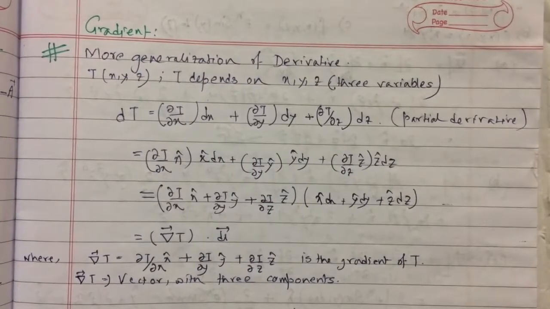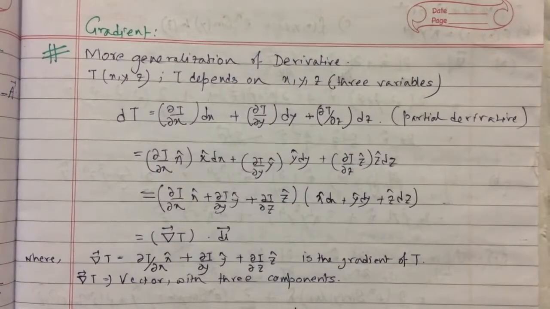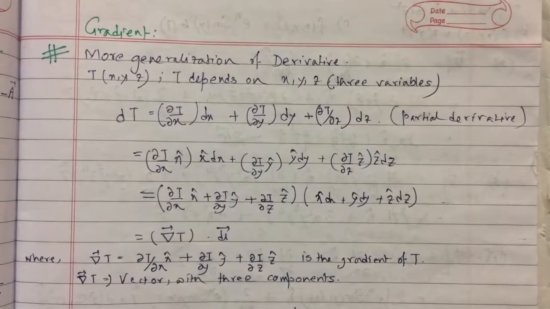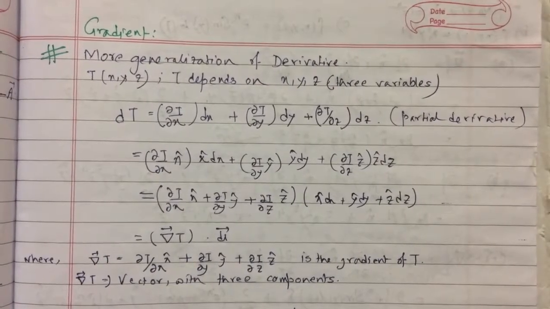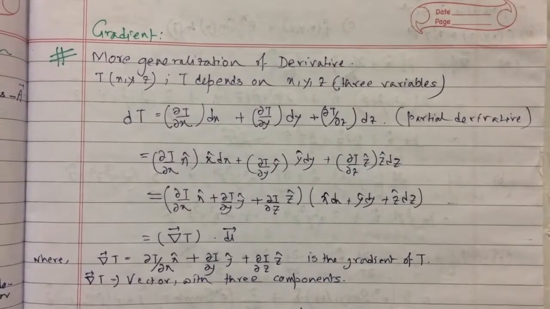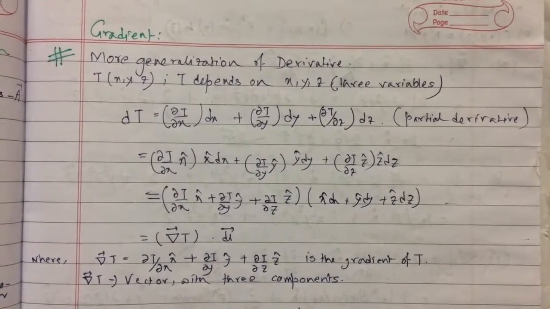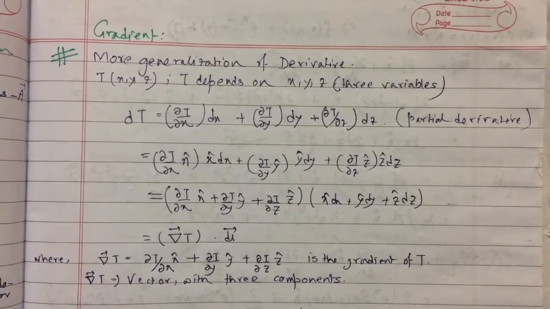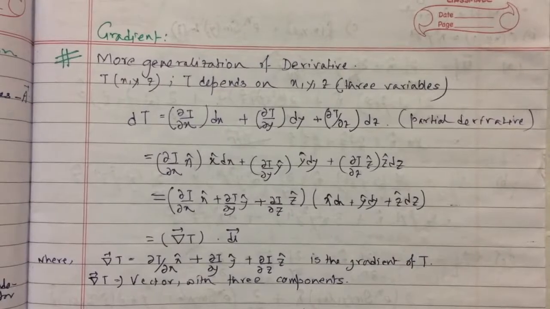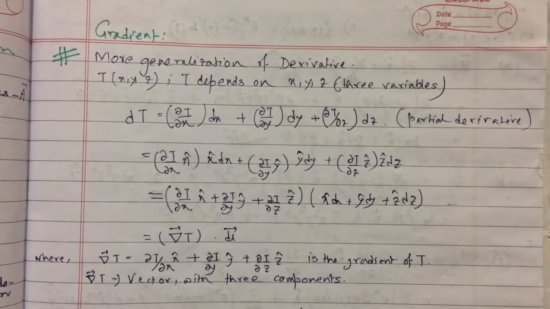So for the entire room, change in x, y and z will give us an infinite number of values of the temperature. So if we set up a system of axes, then for each point xyz in the room, capital T gives the temperature of that particular point or position.